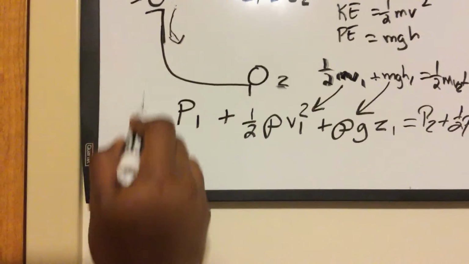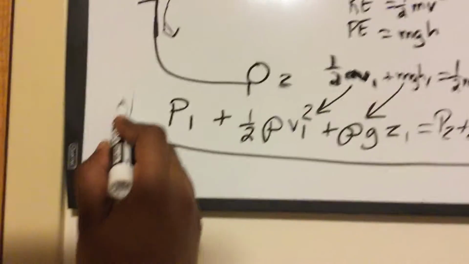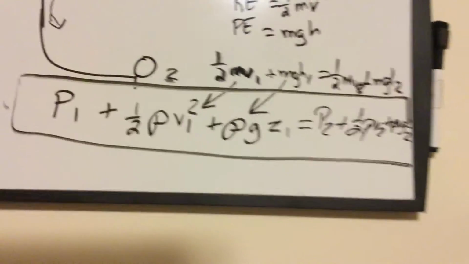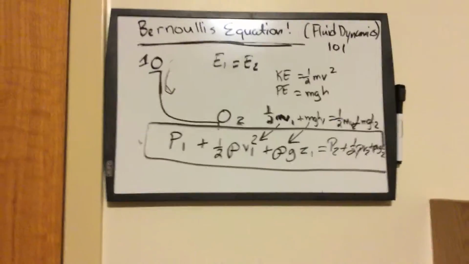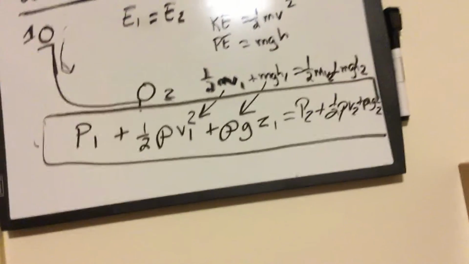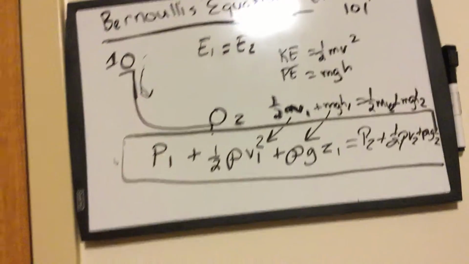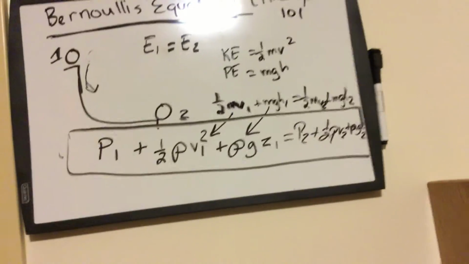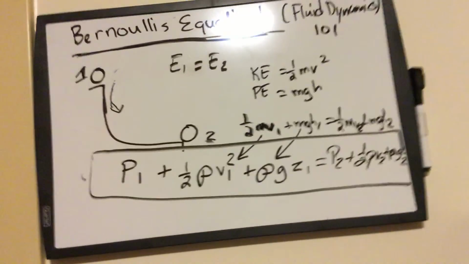This is our Bernoulli's equation. It states that all it is is a conservation of energy with the pressure added and our mass converted to density. And this is what we apply to fluids when we're studying the dynamics of fluid systems.